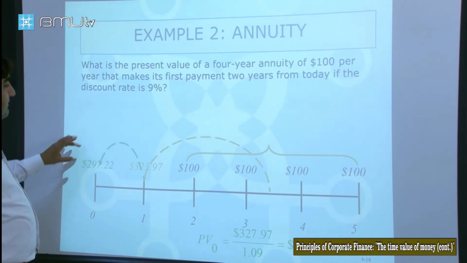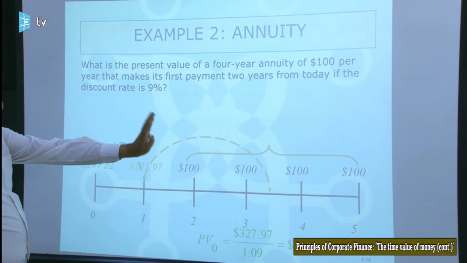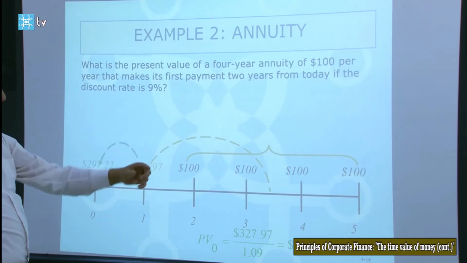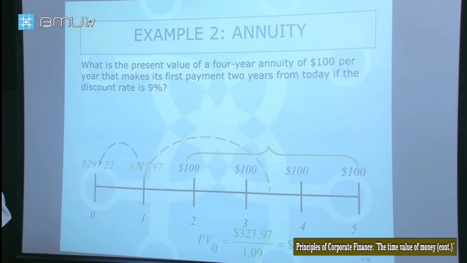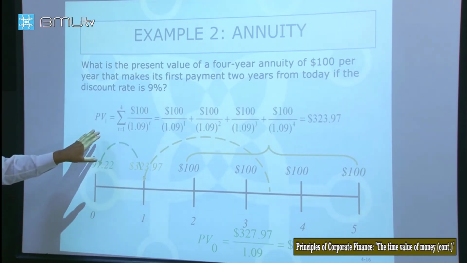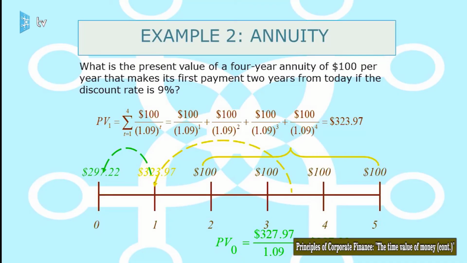We get 297.22. So the present value of $100 starting in the second year is 297.22. Here it is calculated this way. I'm saying it again. We discounted the 100s and it is 323.97, and it comes to time 1.